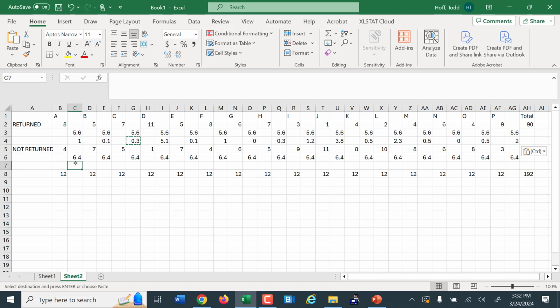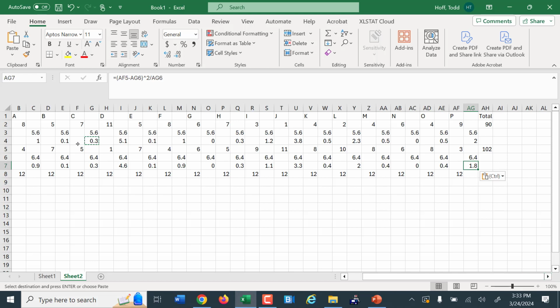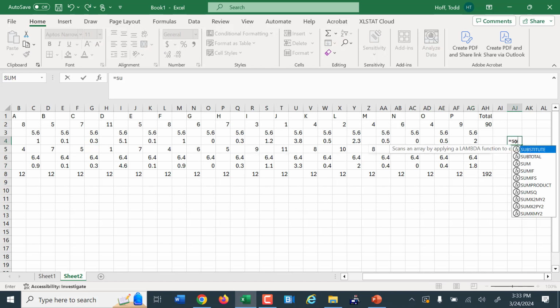And let's do it here for wallet not returned. So you can see we're getting a really small value for each of these, which is to be expected. We are dealing with a lot of different categories here, so each of those being small still could end up being a significant test statistic.